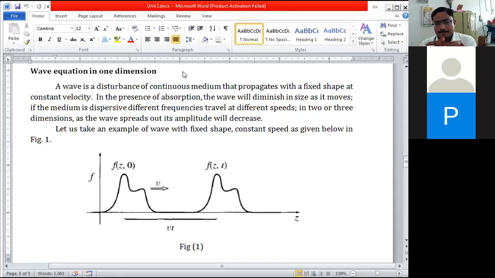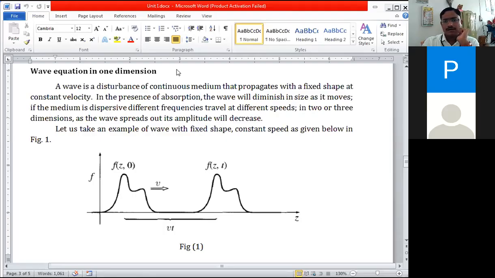Anybody? Iram? What is a wave? आवाज येतो का माझा? हा येतोय सर आता. साळुंके स्नेहा, what is a wave?